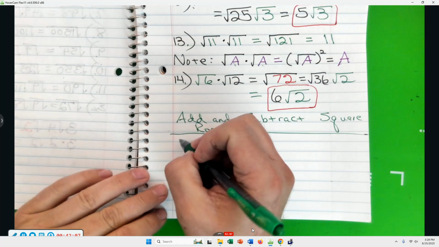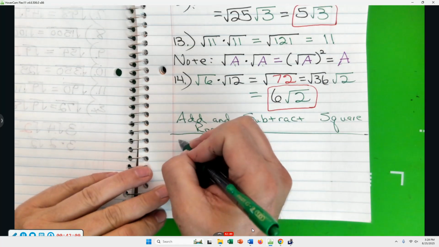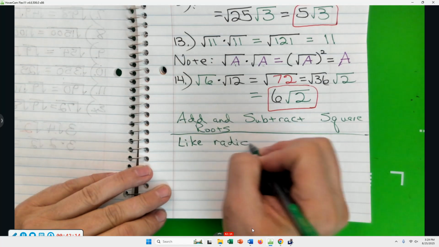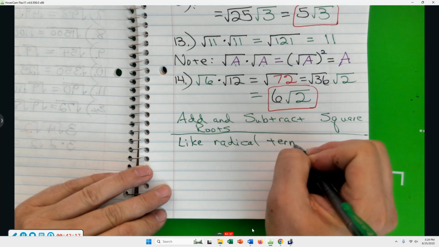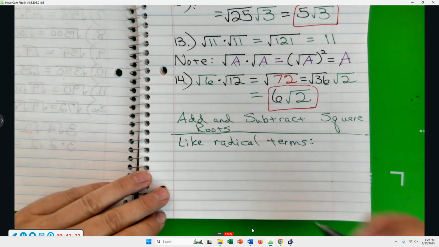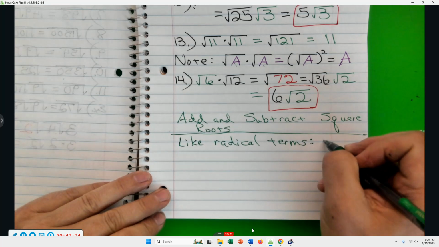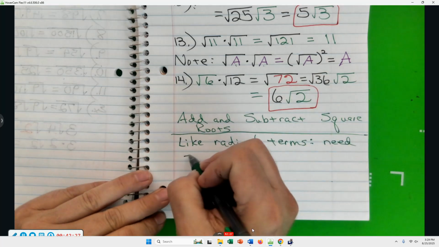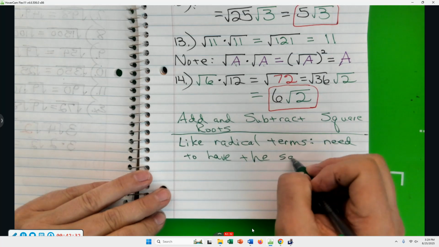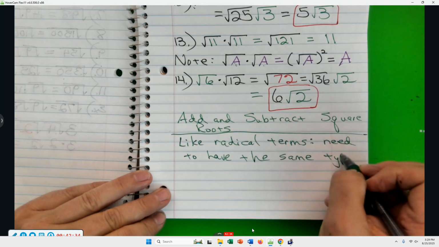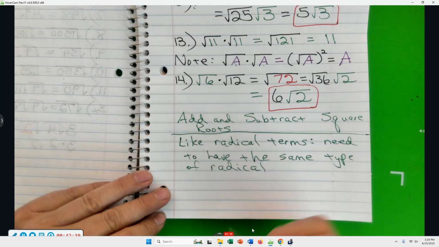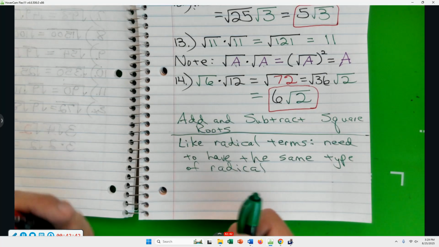So I'll say you need like radical terms. And to have like radical terms, both of them have to be square roots or cube roots. I'll say the same type of radical, and the same number under the radicals.